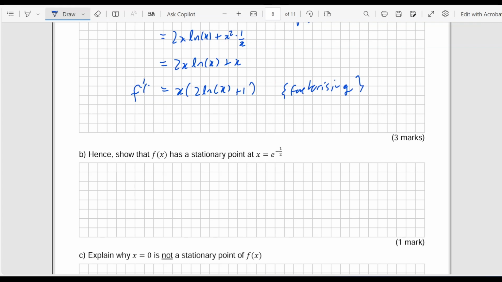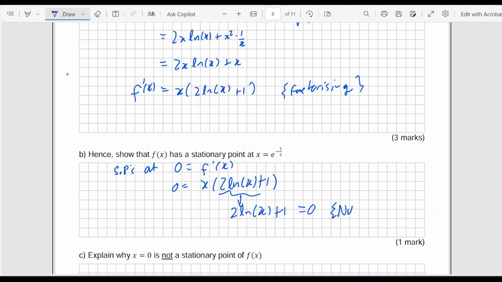So that is f dash of x. So stationary points are at 0 equals f dash of x. So 0 equals x and 2 log of x plus 1. And it's this last bit that's going to give us that stationary point. So 2 log of x plus 1 equals 0.